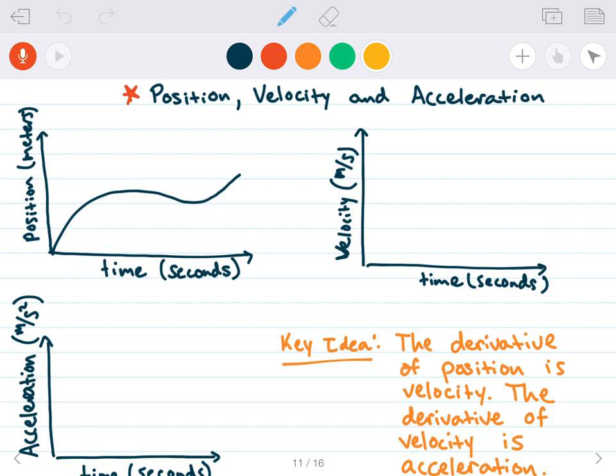Okay, and so the velocity curve on the y-axis is velocity, and on the x-axis is time. Okay, so velocity is basically speed with direction. So, you know, if you're backing up your car at 20 miles per hour, well, you probably wouldn't tell someone I'm going negative 20 miles per hour, right?